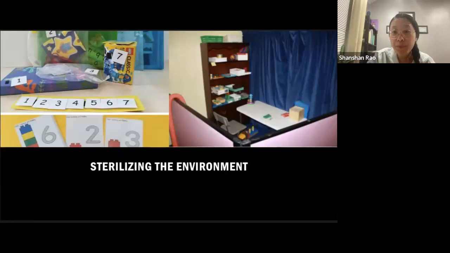Have appropriate materials, right? A lot of students don't have appropriate materials at home. Try to help the parent to eliminate some inappropriate materials and just have some limited options while we're working with a student. Also, keep in mind individual preference, right? Consider individual preference and sensory needs.